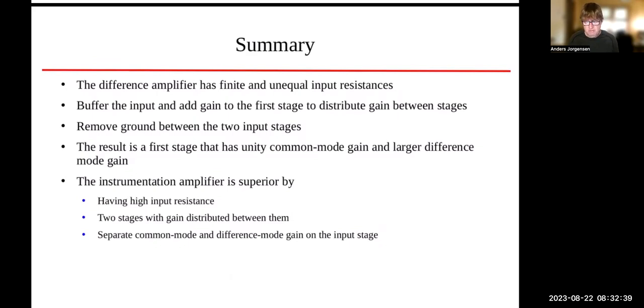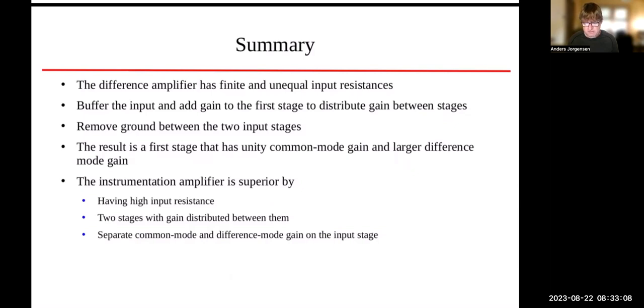However, we can solve that by removing the ground between the two input stages. And the result is that we now have a first stage on the instrumentation amplifier, which has a unity common mode gain. That means that that common bias between the two inputs is not amplified, or it's amplified by a gain of 1. But we have a larger gain on the difference between the two inputs.